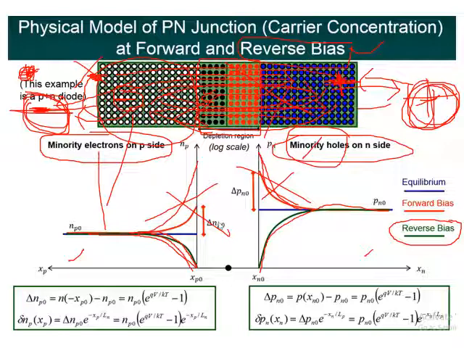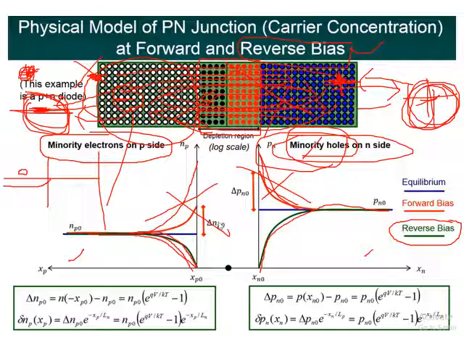But minority carriers are very few in number, hence they are called minority. Hence the current caused by minority carriers is also very small, which we have already seen in the diode characteristic graph. In reverse, we had a very little current, almost near zero, but some negligible current.